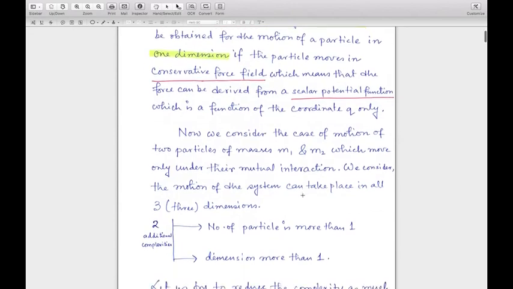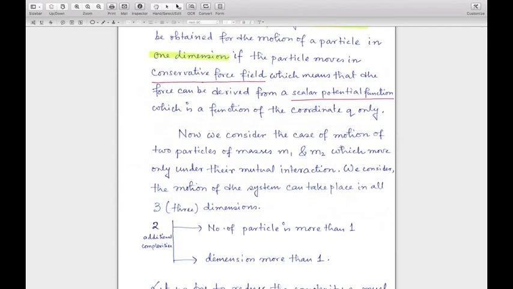Now we consider in the present case the motion of two particles of masses m1 and m2, which are moving only under their mutual interaction. That is very important. So in the two particle system there is no net external force or field.